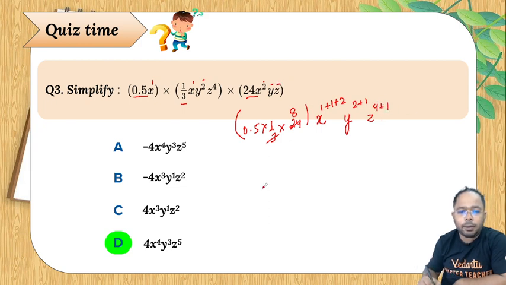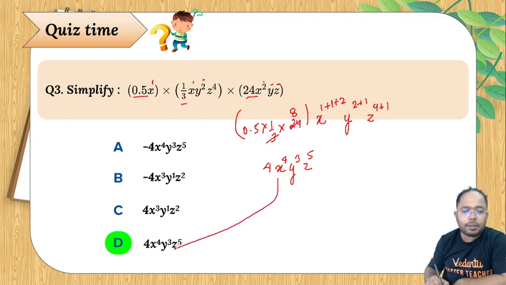So it gives you 8 into 0.5, that's 4. x to the power 1 plus 1 is 2, 2 plus 2 is 4. y to the power 2 plus 1 is 3. And z to the power 4 plus 1 is 5. So that gives the fourth option. Wonderful. I'm looking forward that you all are getting correct answers.